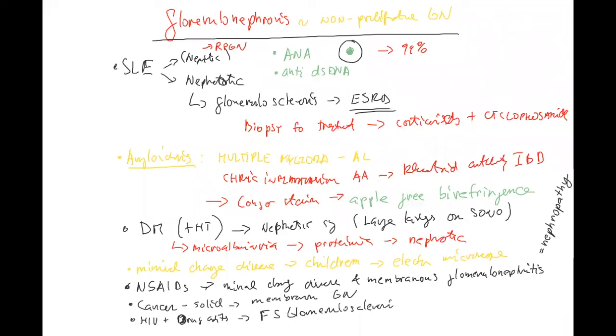So again, they can have a nephrotic syndrome or some kind of protein loss. With the focal segmental, don't forget the Alport. I will put it here. Alport. That's the focal glomerulosclerosis as well.